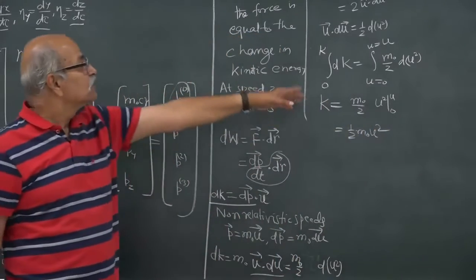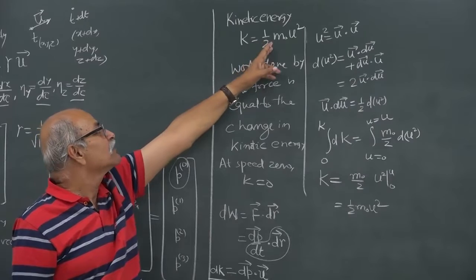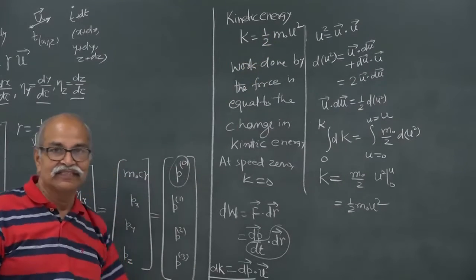So, this is how that expression of kinetic energy in the non-relativistic limit, half m naught u square, is derived.